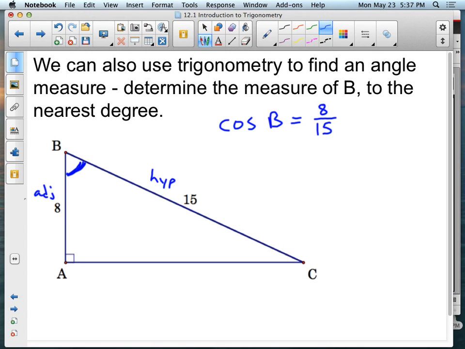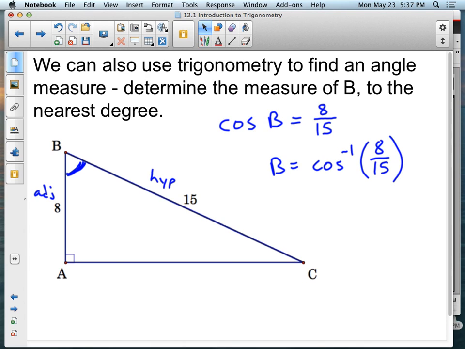If we want to solve for the angle here, the angle is equal to the inverse cosine of 8/15. And it's not really to the -1 exponent. You'll learn next year in math that the -1 here implies that it's the inverse of the function. So we can say it's the inverse cosine of 8/15. That's the equation we want to write.